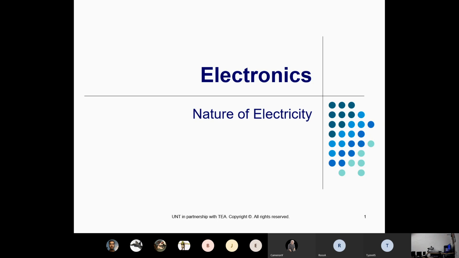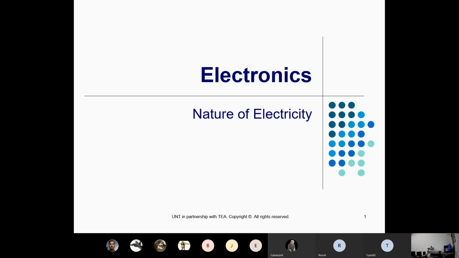So in your notebook, in your table of contents, underneath the first one, you're going to put nature of electricity as the second one. And if you didn't fill up a whole page for your set of notes, you can put down the following page, or if you're going to continue on that page, just make sure that your page number in your table of contents still says 1, so that we know it's still on page 1. Does that make sense? Okay. Because I know there wasn't a whole lot we had to write down on the last one, but there were some definitions that might have taken up the majority of that page.